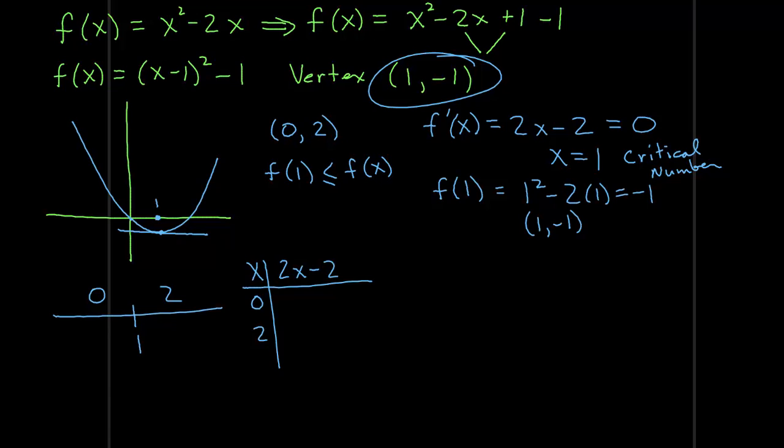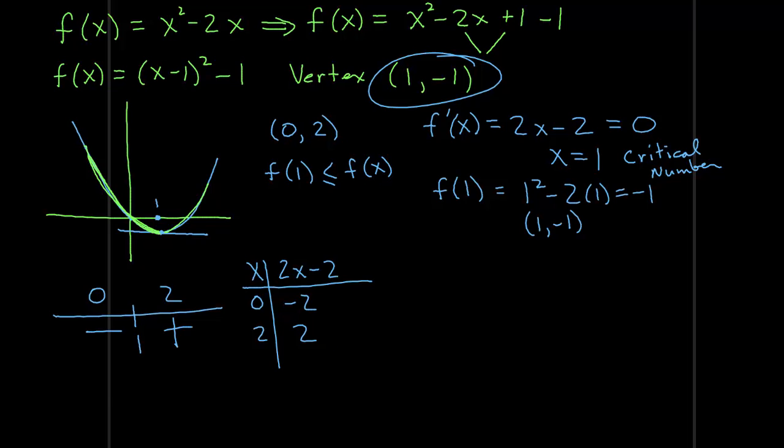I'll plug in a 0 and I get negative 2. Being negative, that tells me the derivative is negative. That means the function is decreasing. If I plug in a 2, I get 4 minus 2, which is 2. Positive first derivative, so the function is increasing. So what happens is the function is decreasing until you get to the critical number, and then it's increasing. That indicates that it bottomed out. You have a minimum. Now, if it goes the other way, you have a maximum.